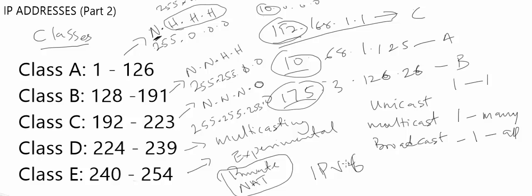IPv6 has been around for quite a while now, but it doesn't seem to catch on because we are able to find a way of getting around IPv4. It's not running out yet, but it will run out one day, and we will need to go to IPv6.